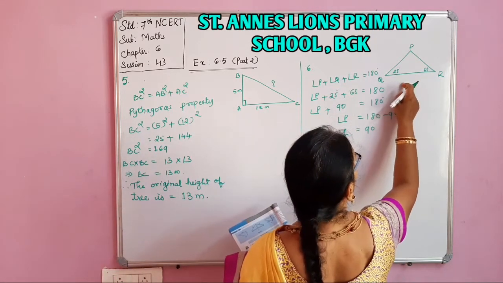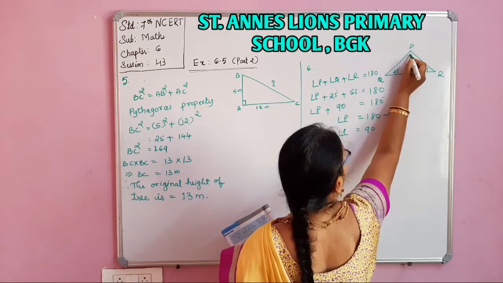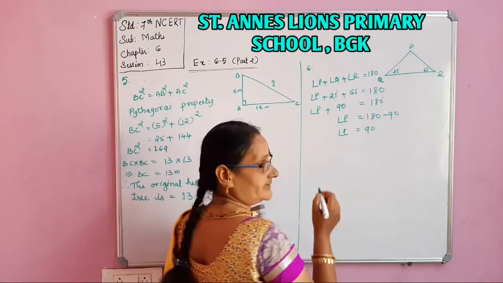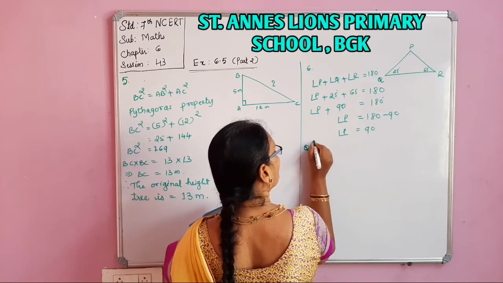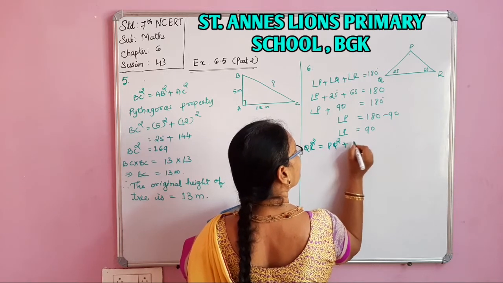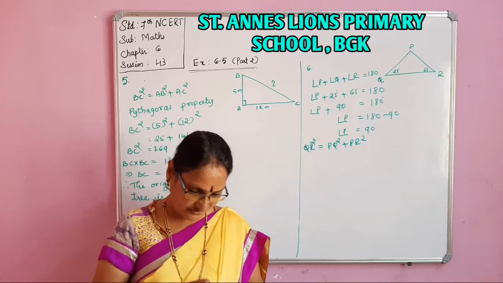Then we also know that this is a right angle triangle, and the side opposite to the right angle is QR. QR is the hypotenuse. So according to the Pythagoras property, QR square is equal to PQ square plus PR square. What is the first statement they have given?